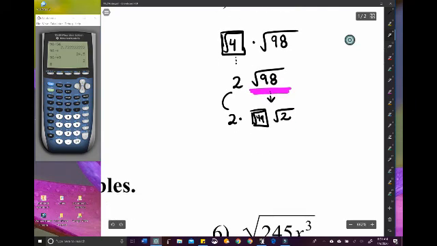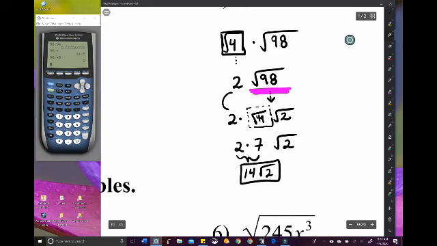Now let me rewrite this. This is square root of 49. I wrote it in a box just so you know it's a perfect square. Square root of 49 is 7, and 7 times 2, and then you have the square root of 2. Lastly, 7 times 2, they're non-radical, so they multiply together, and you get 14 roots of 2.